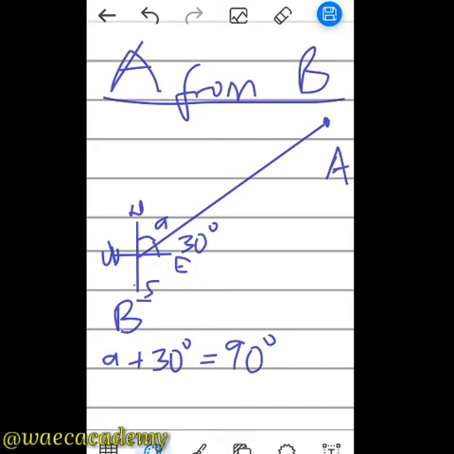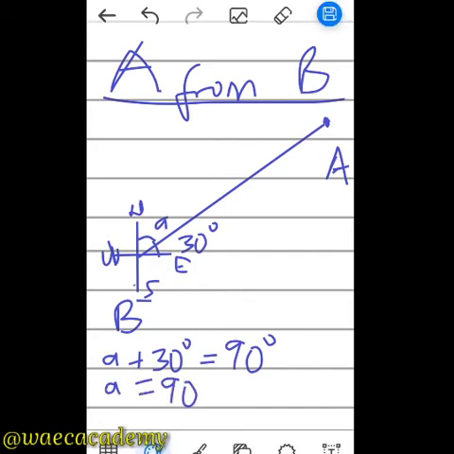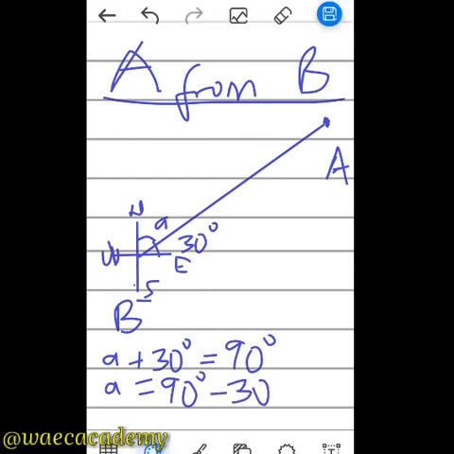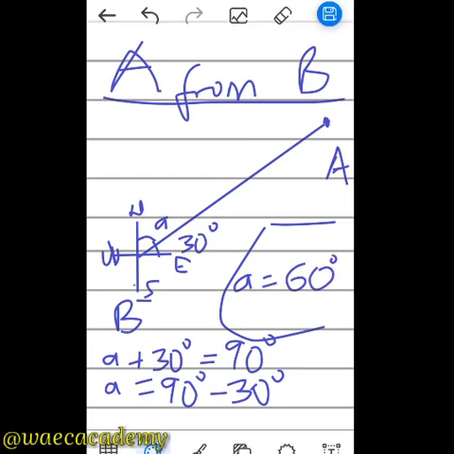So we can then go ahead and say A equals 90 degrees minus 30 degrees. And with that, the answer is very obvious. A equals 60 degrees. So which means the bearing is going to carry 60 degrees.